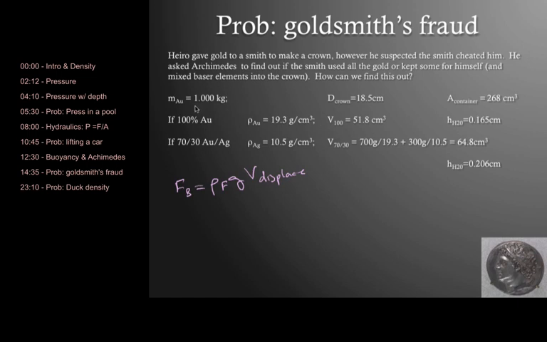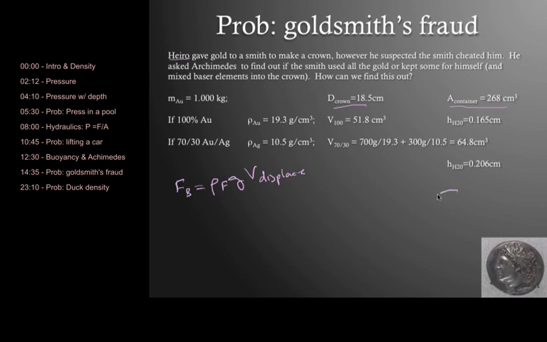So the first couple of things we need to do is write down some of the things that we know. Let's just say that the mass of the gold that Hero gave was 1 kilogram. And then this needs to fit on somebody's head, so the diameter of the crown is so big. So this means that our container has some cross-sectional area.